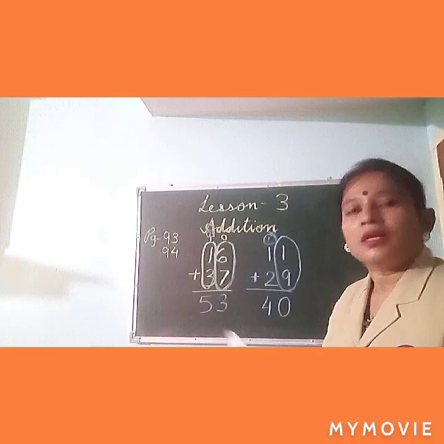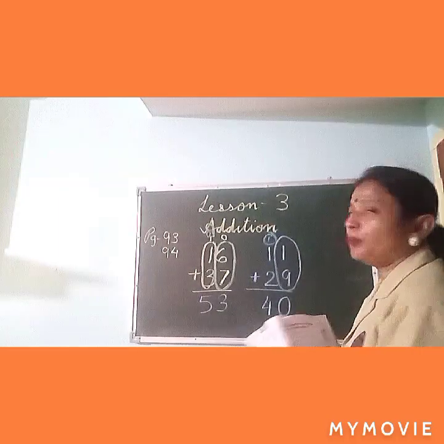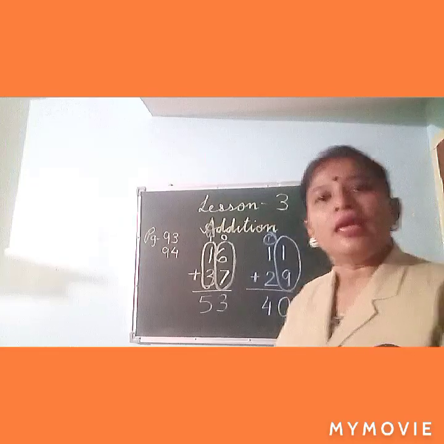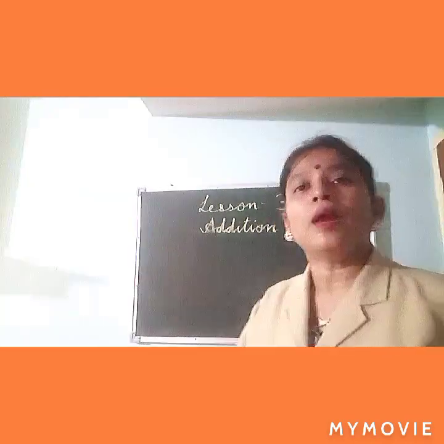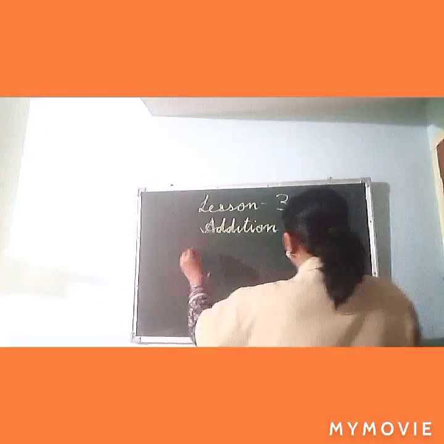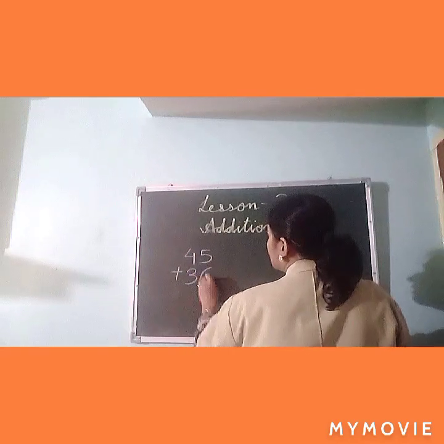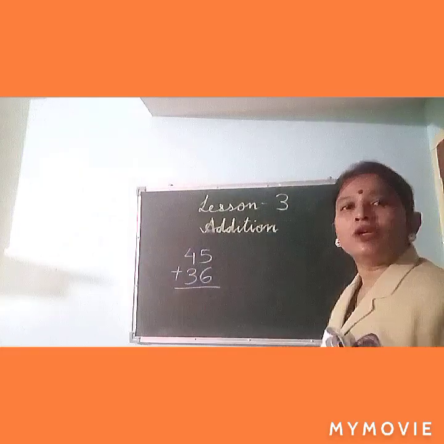Now turn the page and come to page number 94. Now I am solving sum which is given in 41. That is 45 plus 36. Let me write 45 plus 36. Now what you will do?